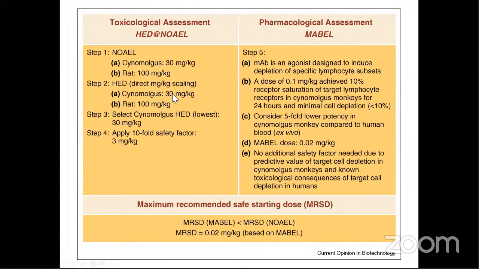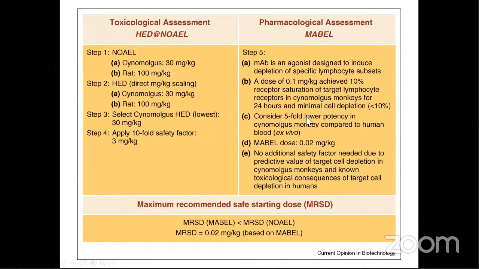Now if you look between these two doses, 30 is obviously lower. So that would be the NOEL, especially if it's from monkeys, so that's more reliable. And then you apply a 10-fold safety factor, which brings it to 3 milligrams per kg. That would be an ideal starting dose. If it was the small molecule world, probably we would start with this dose.